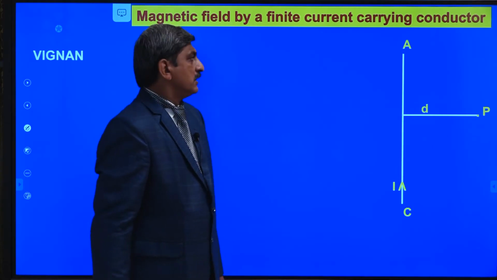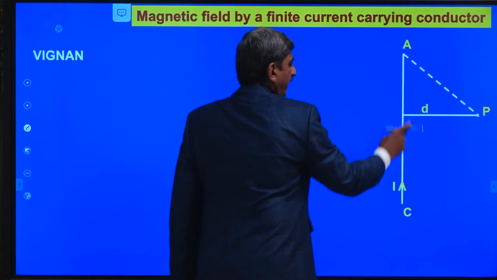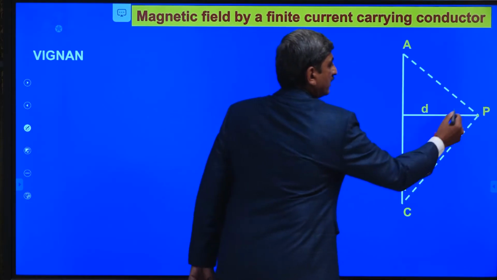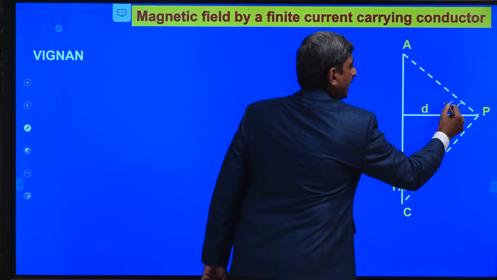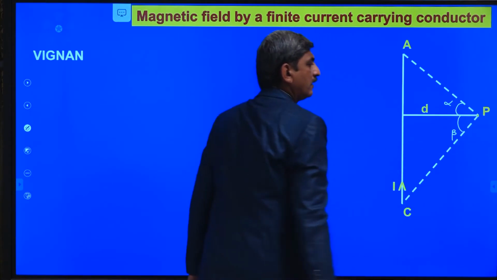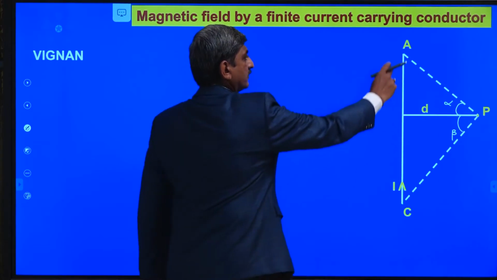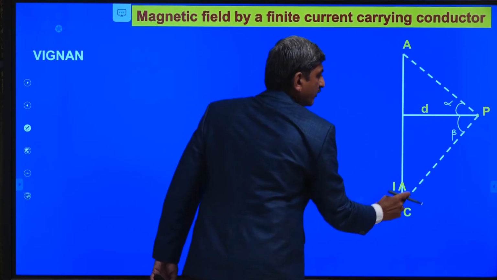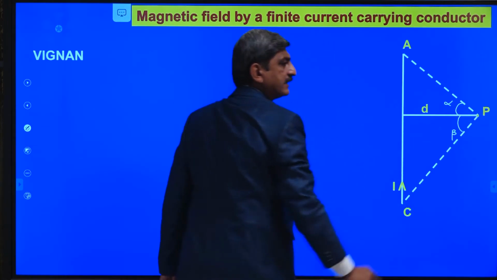Now the points A and C subtend angles alpha and beta at point P. The top end is making an angle alpha and the bottom end is making an angle beta at point P.